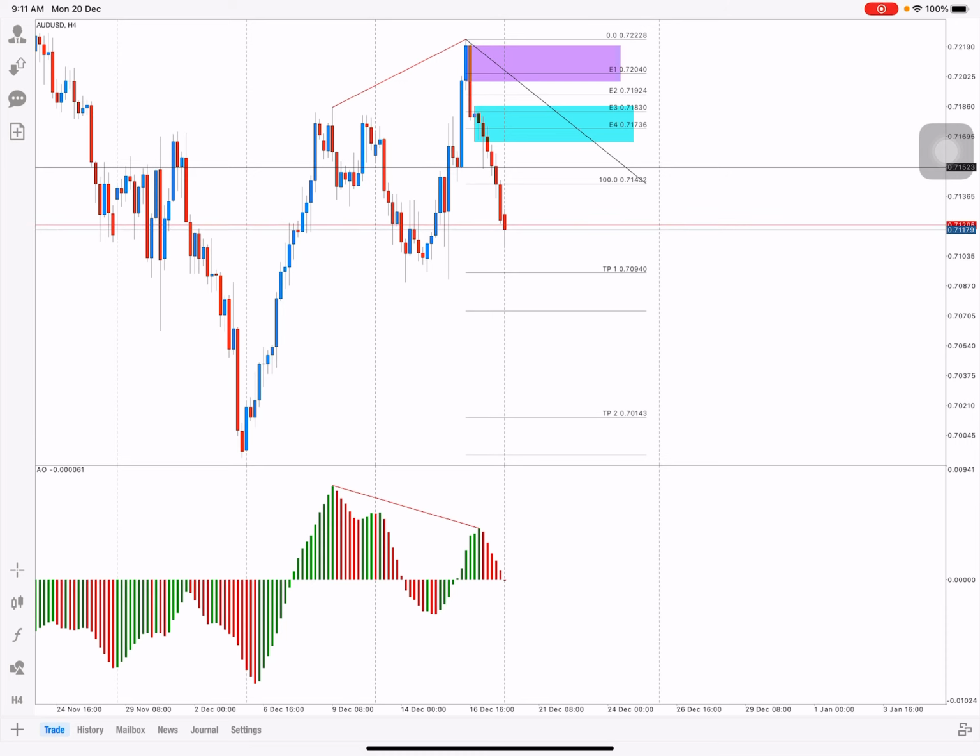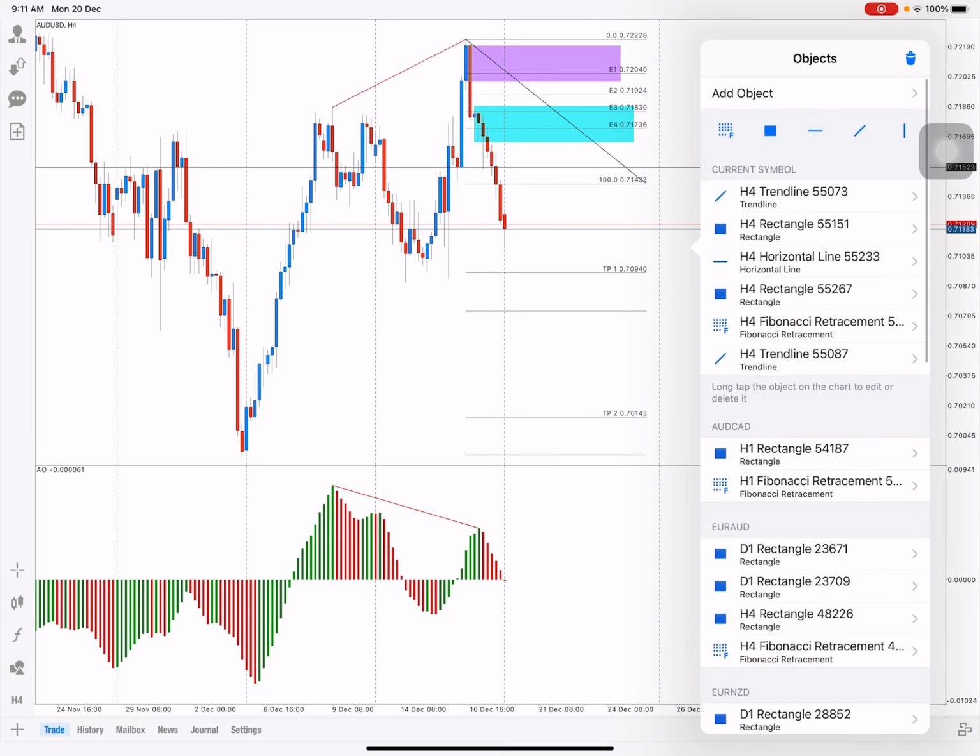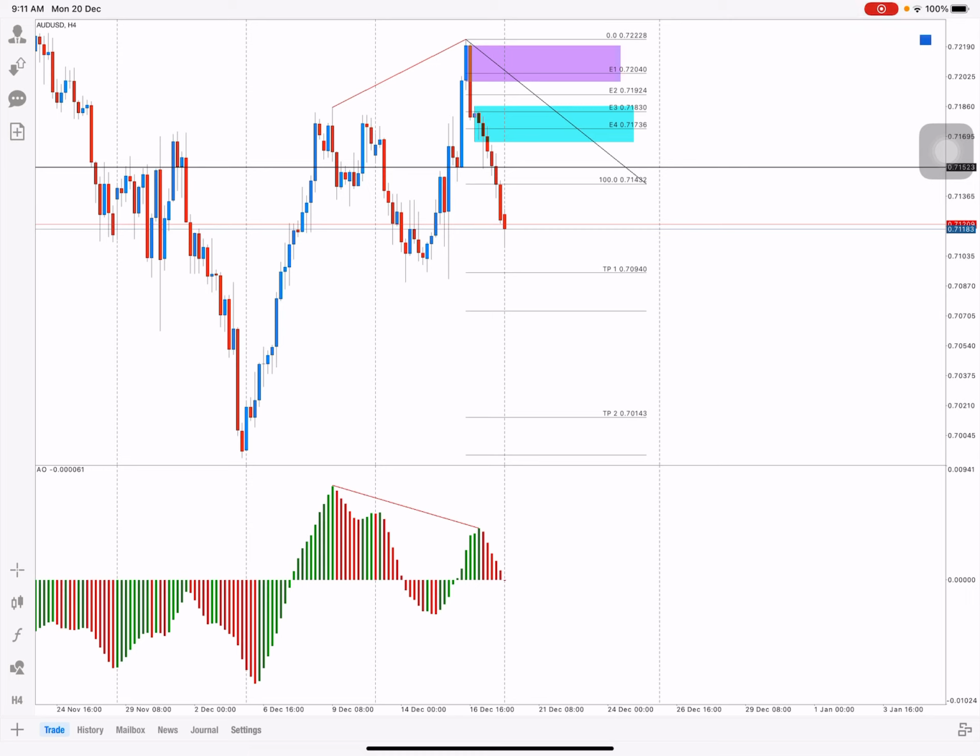And of course, if the price breaks through my Fibonacci levels, then that is bad news for us. We will have to exit the trade with a loss. But in the event the trade goes our way, my exit will be at my first TP, which is the 161 Fibonacci level, priced at 0.70940.